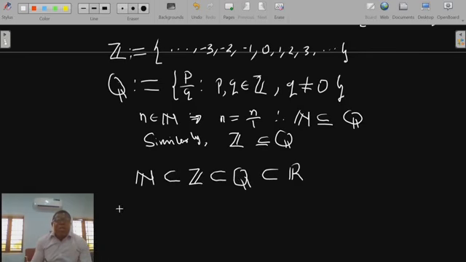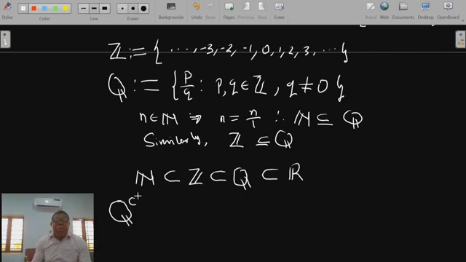Further to this, there is another set, which is the set of irrational numbers, which we denote by Q complement. This set contains all elements that are not expressible as exact fractions or ratios.